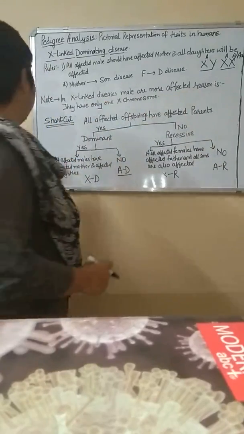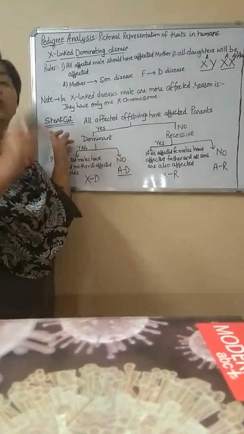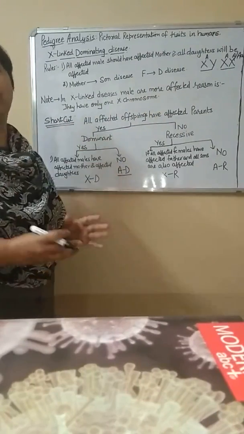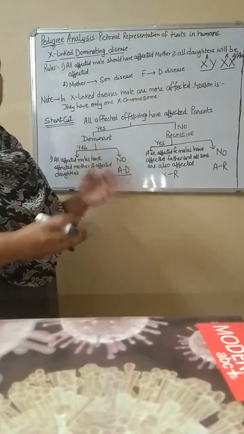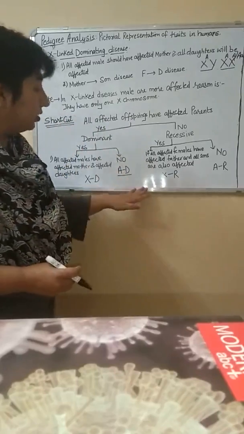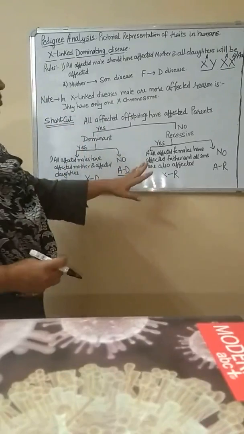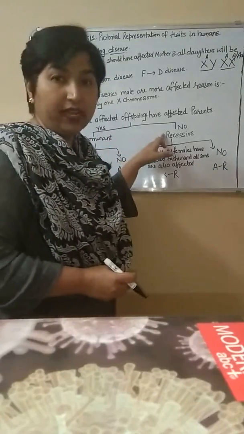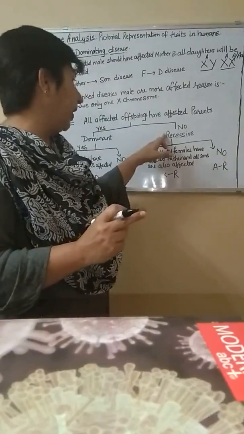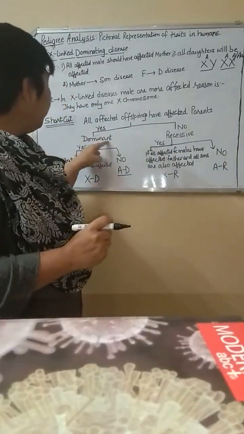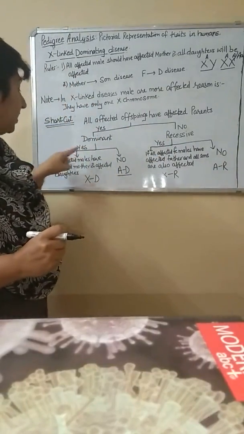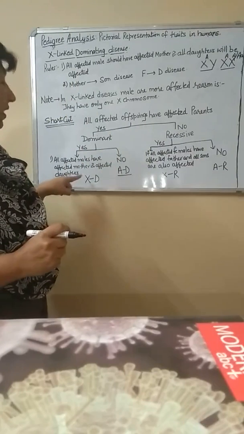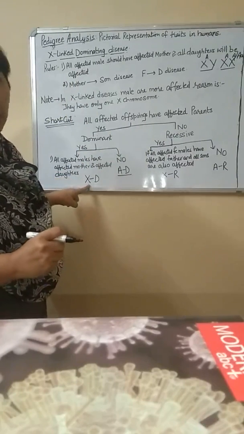Now I'm going to tell you the shortcut, how with the help of a simple pedigree we can use these rules to identify whether it's a pedigree of dominant or recessive nature. First we have to find that out. Second, if it is dominant and satisfies this condition, it's X-linked dominant.